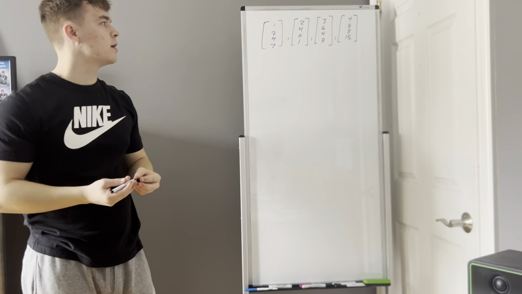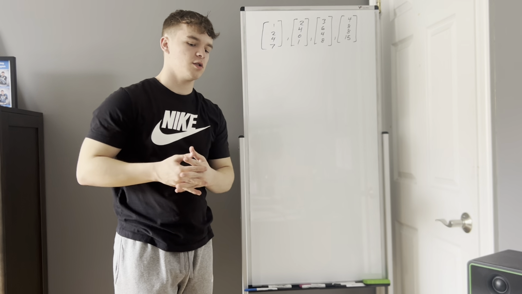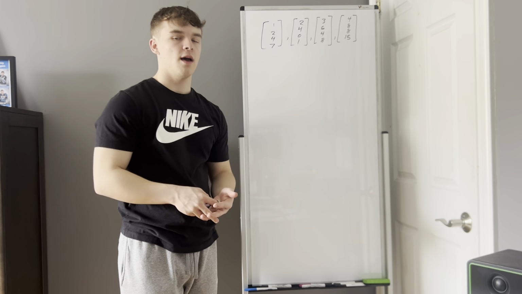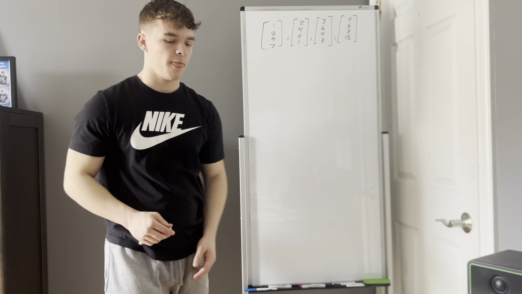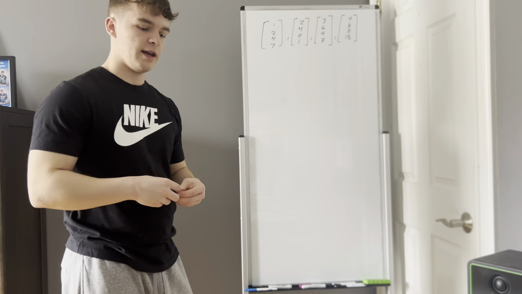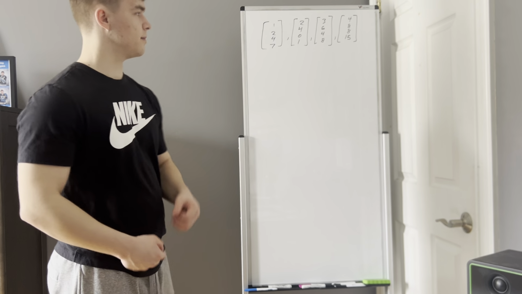Okay, we've got 4 vectors here. Now we can ask ourselves 2 questions. We can say which vectors are linearly independent or dependent. And we can also ask, how can we express the linearly dependent vectors in terms of the independent vectors?